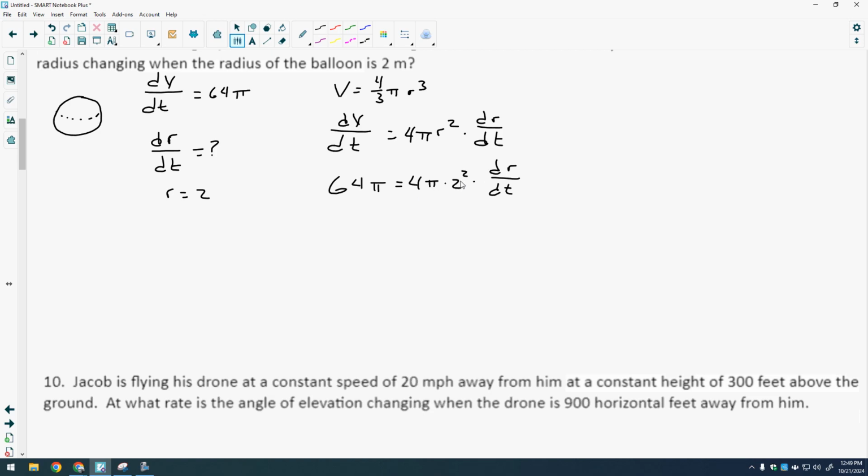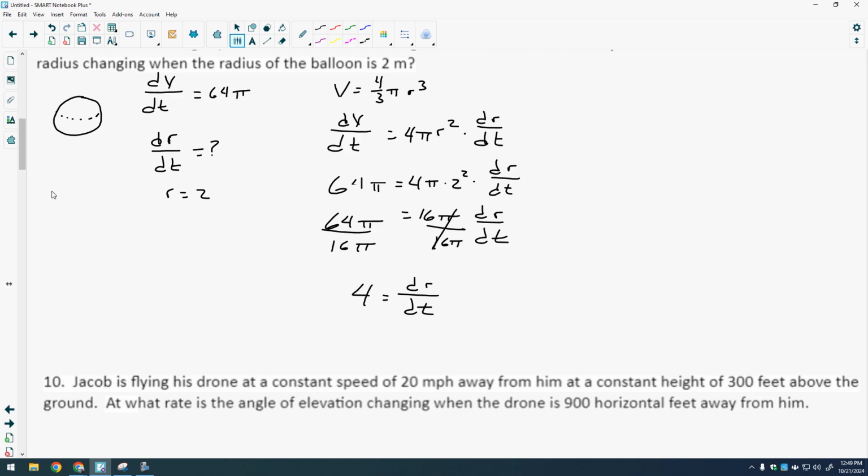So this becomes 4 times 4, which is 16 pi. Divide both sides, writing and talking at the same time. Divide both sides by 16 pi so that this goes away, and I get dr/dt by itself, and I get dr/dt equals 4.